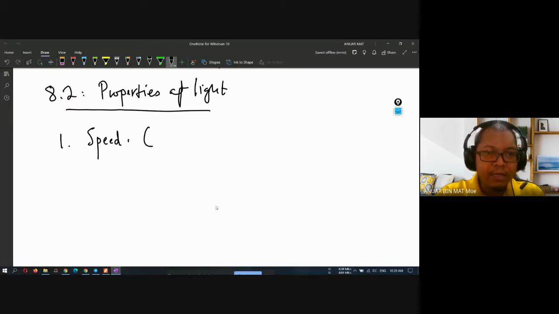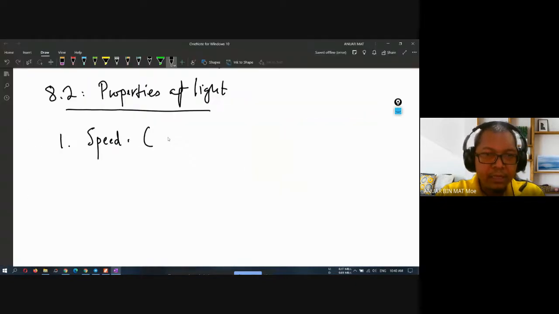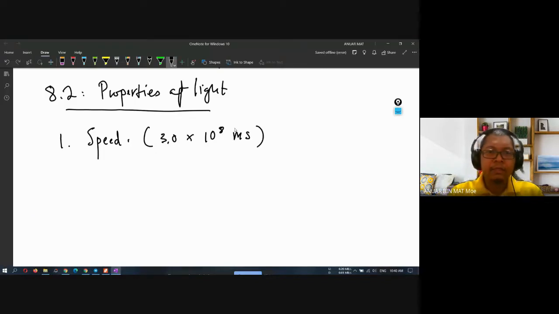It is 3 times 10^8 meters per second. So this is the first property of light. It is equivalent to about 300,000 kilometers per second.